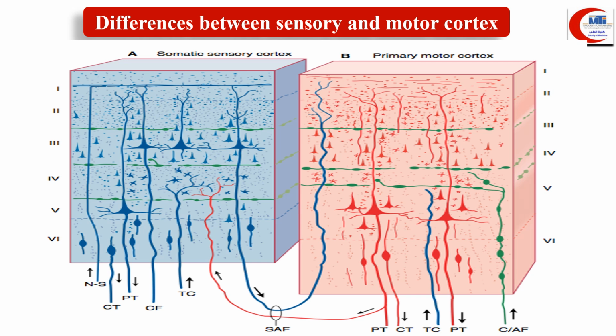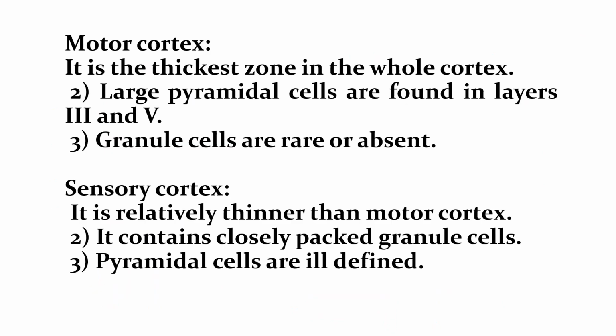In this diagram showing the differences between sensory and motor cortex, I can see that motor cortex is thicker than sensory. I can see that motor cortex contains large pyramidal cells, meanwhile the sensory cortex contains more granular cells or granule cells. This is the difference again.